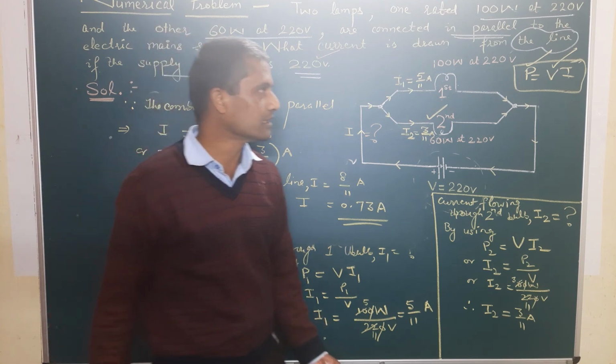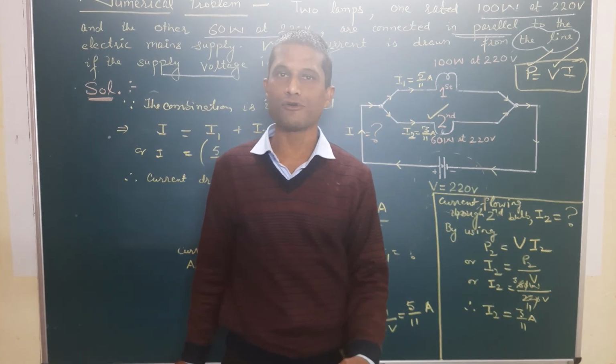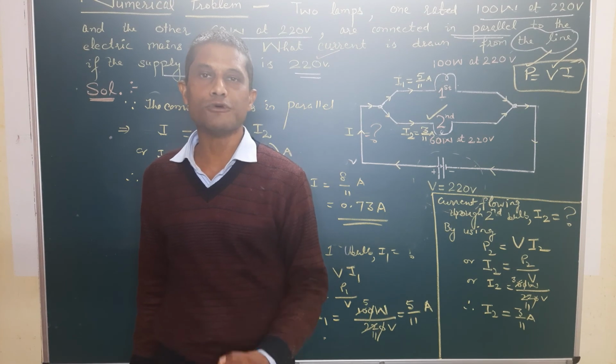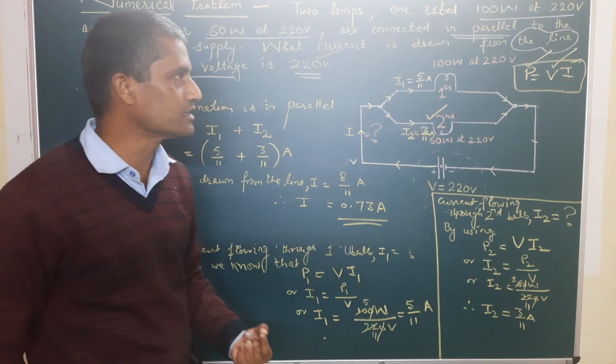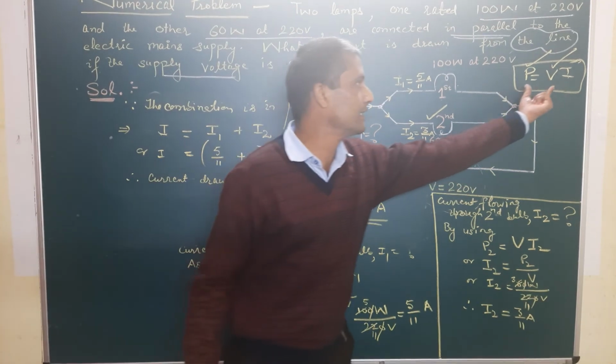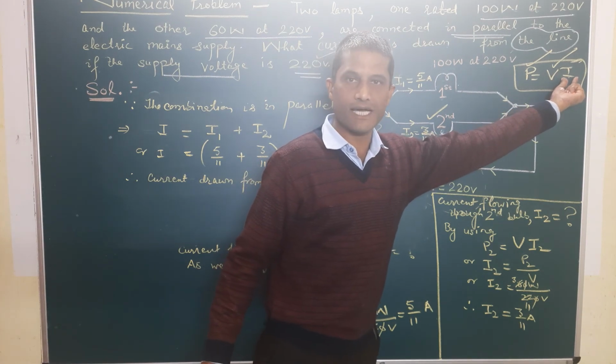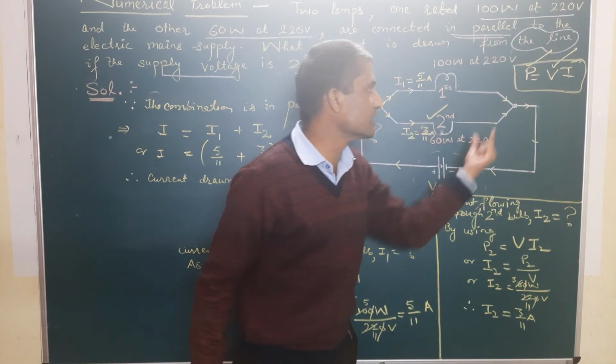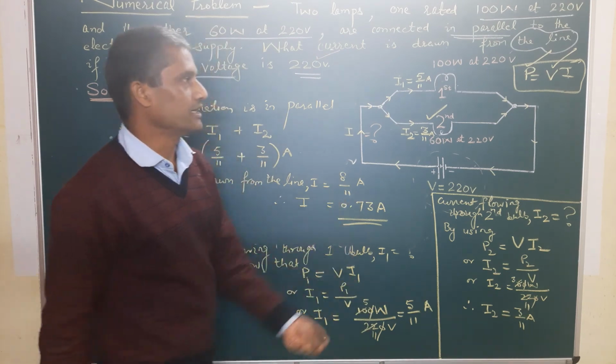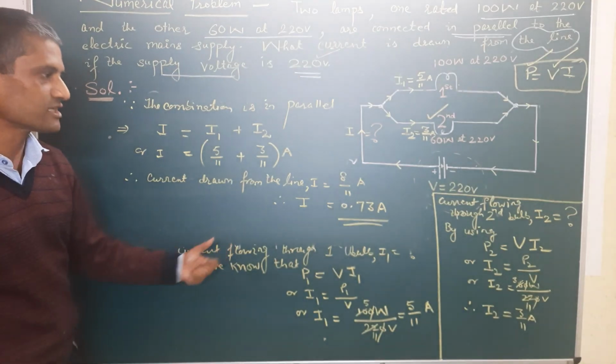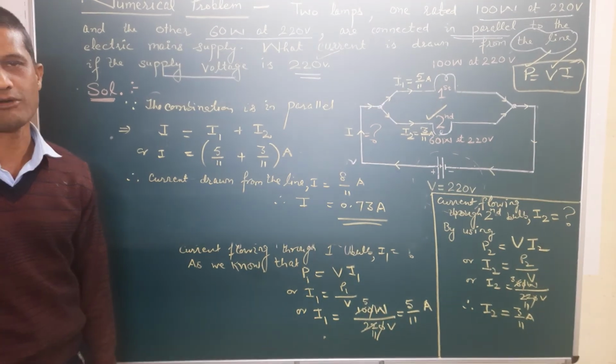And you must also know how to find a given quantity if two physical quantities are given here. Power was there, voltage was there, so it was an easy job to find out current I, and that's how you proceed through the numerical problem. So that's it here.